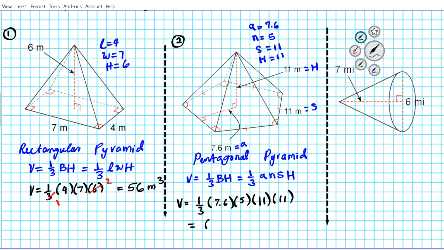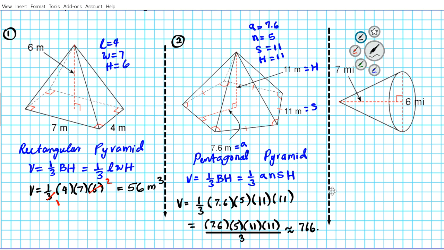So in your calculator, you could do 7.6 times 5 times 11 times 11. Okay, and then when you get an answer, you divide your answer by 3. Okay, so if you do that correctly to two decimal places, it's going to be 766.33, and the unit of volume is length cubed, right?